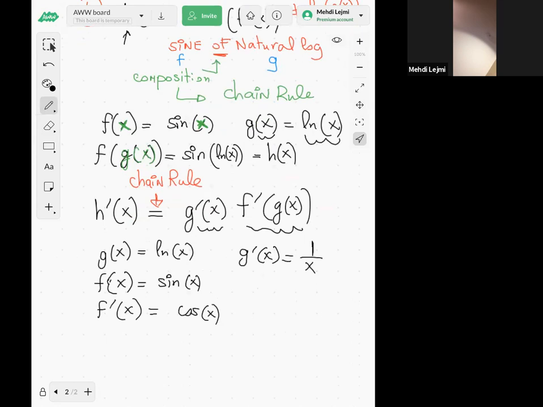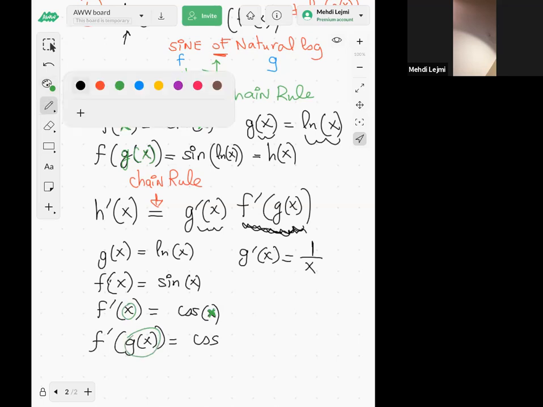Now the question is, what's f prime of g? We substitute x with g, so that would be cosine of g, and g is natural log of x, so it's cosine of natural log of x.